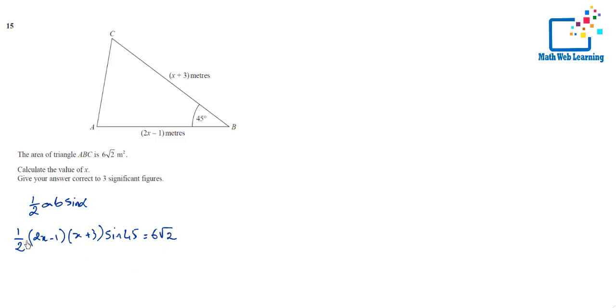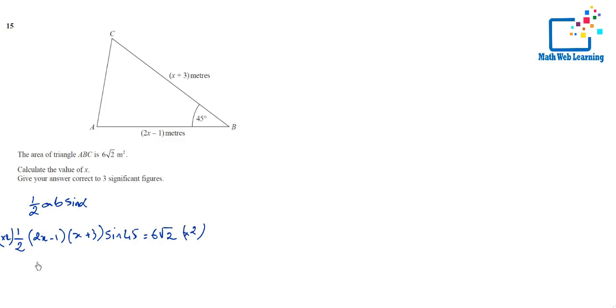Okay, now at this stage I want to tidy things up a little bit without expanding the two brackets. First I'm going to get rid of this 2 at the denominator. In order to do that, you multiply by 2 and you multiply by 2 here as well.